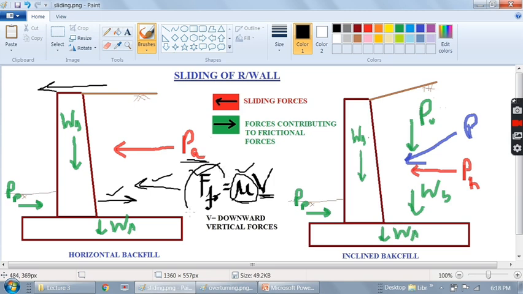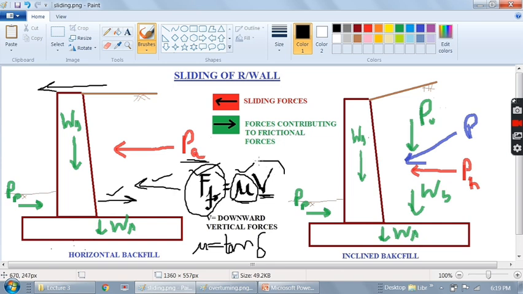So how will we calculate the frictional forces? Mu is the coefficient of friction between the soil present here and the surface of this retaining wall, which we will have to assume, or which will be given. It depends on the angle of friction between these two, and mu is equal to tan delta. This is all basic physics, you need to recall it.